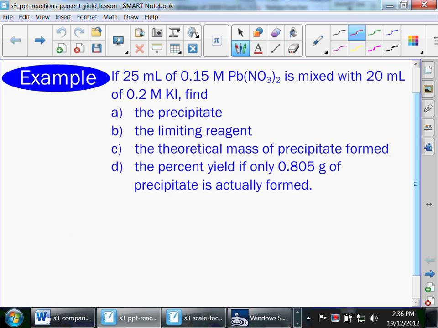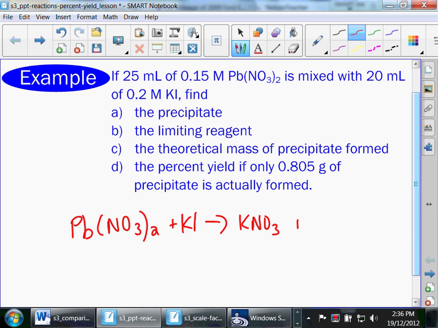Lead nitrate, so that's Pb(NO3)2, plus potassium iodide gives us potassium nitrate plus lead iodide. And if we're going to balance that chemical equation, of course, we would put a 2 here and a 2 here, and that would balance it just fine.